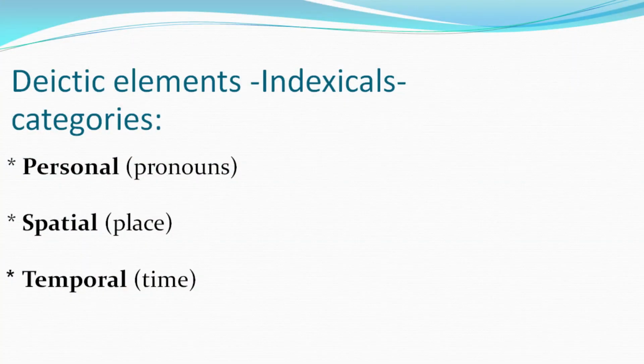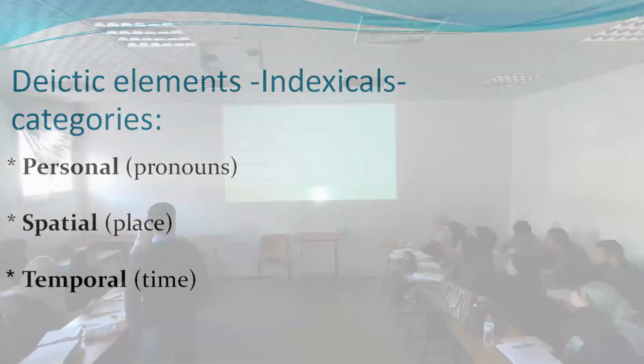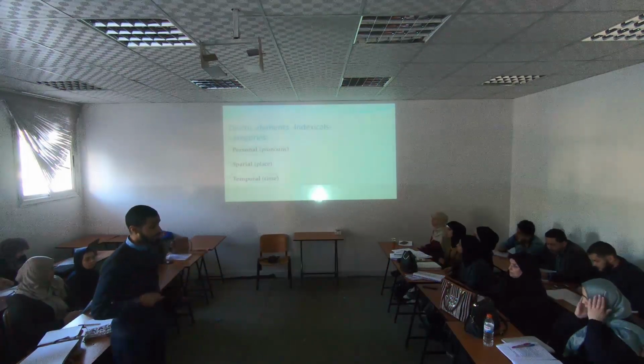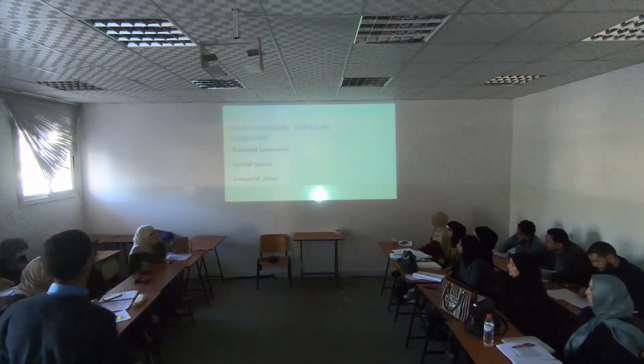Deictic elements or indexicals have three main categories, which are personal, which are mostly pronouns, like he in the previous example, and spatial. Spatial is about a specific place. The third one is temporal. Temporal is about time. So there are three main types of deictic elements: spatial, temporal, and personal.